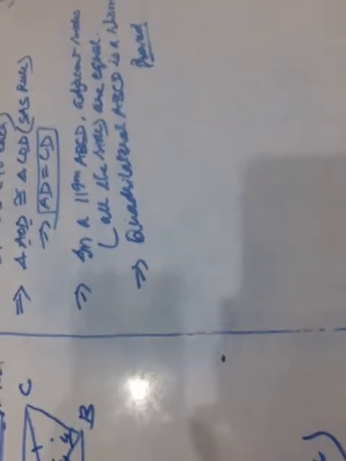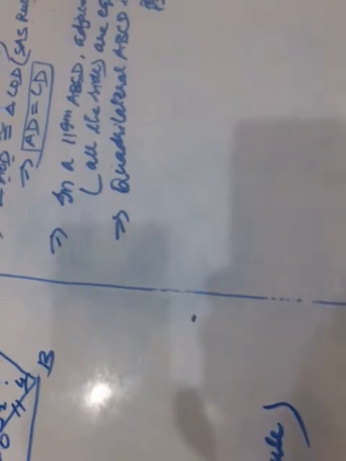Okay children, now coming to the next question, question 4: Show that the diagonals of a square are equal.